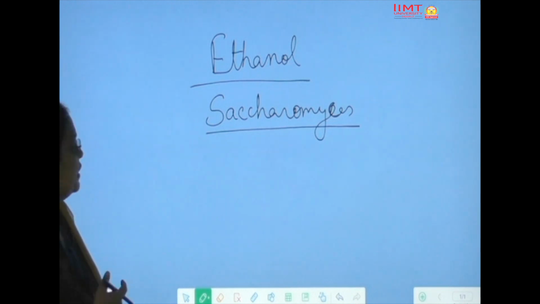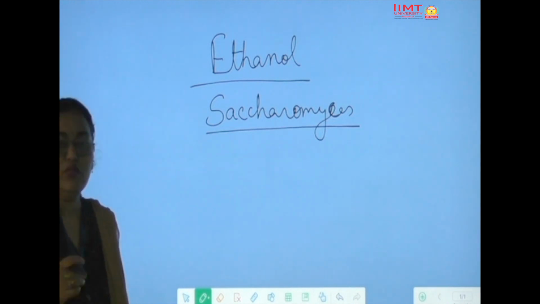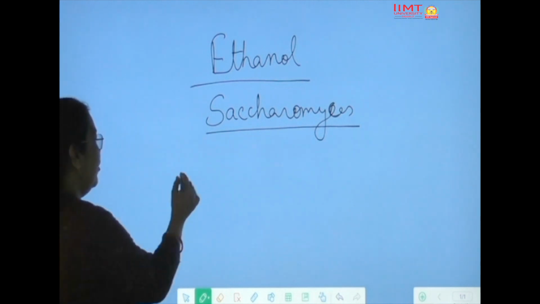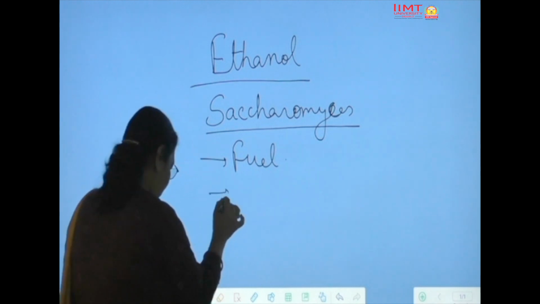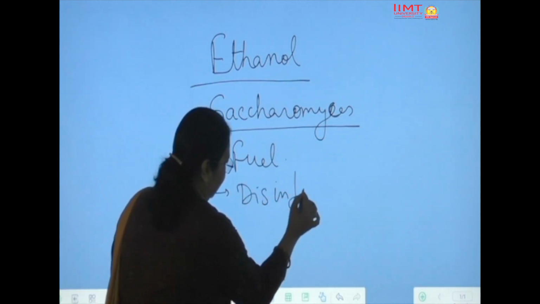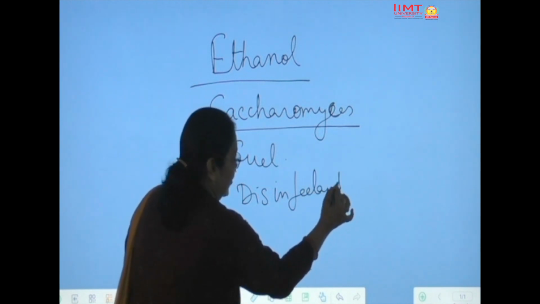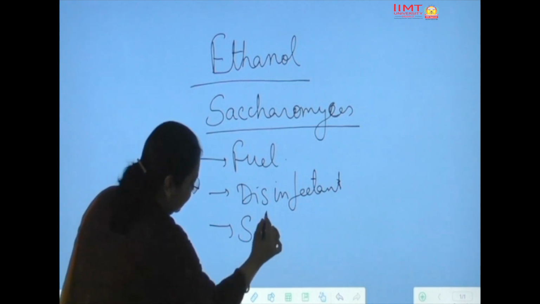And this ethanol can be used in various approaches. It can be used in various things, like ethanol can be used as a fuel, as a disinfectant. One of the uses of ethanol is its use as a solvent.